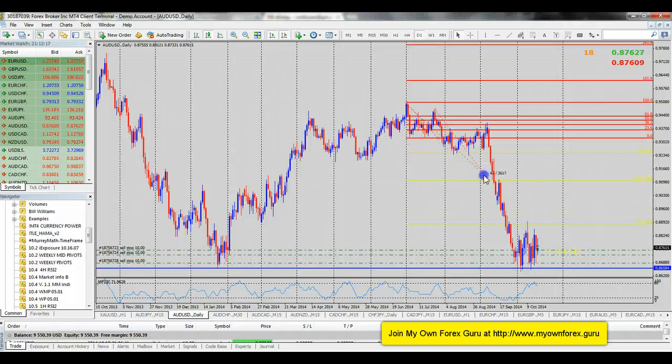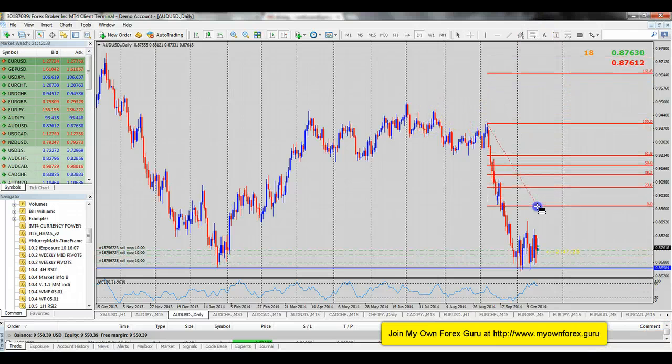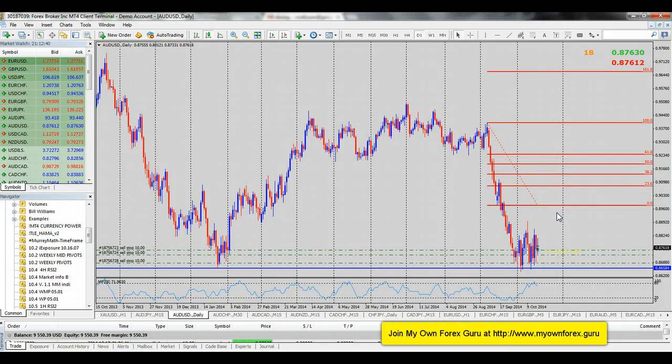If we now do an extension on this one here, from here, fib on this, we had 23.6 Fibonacci.